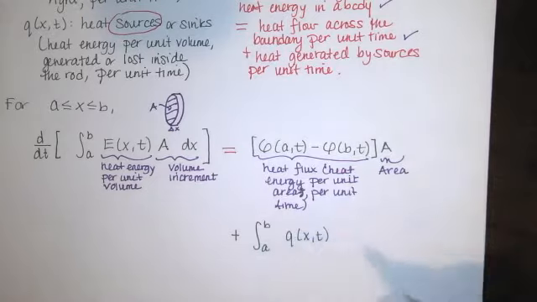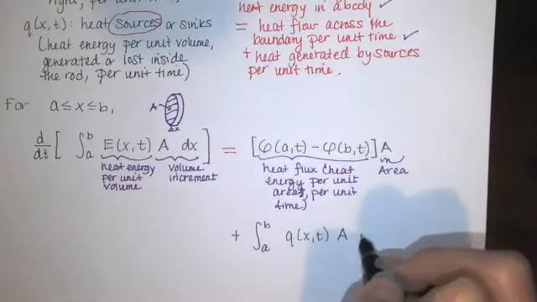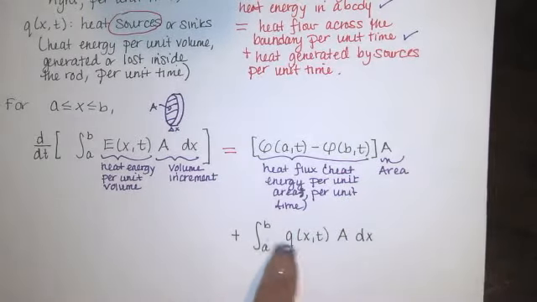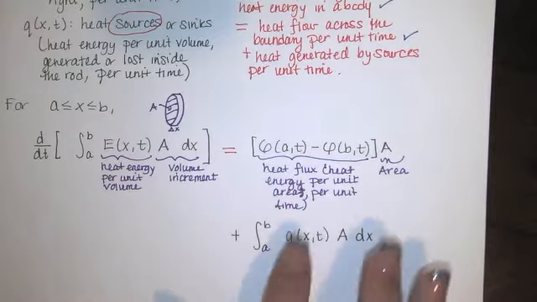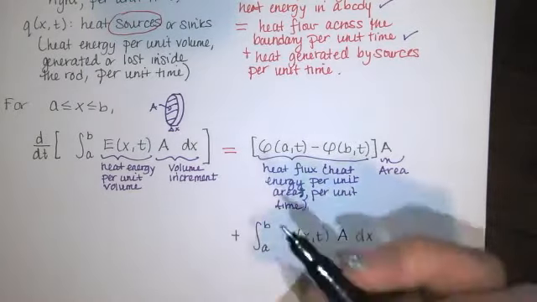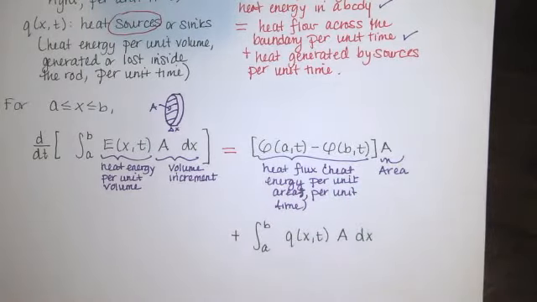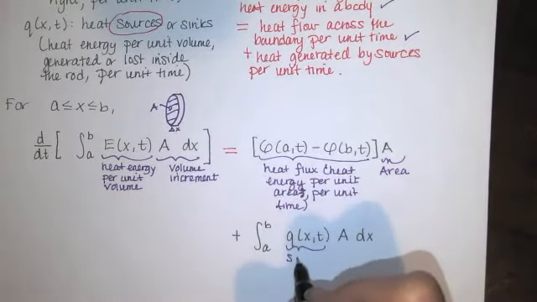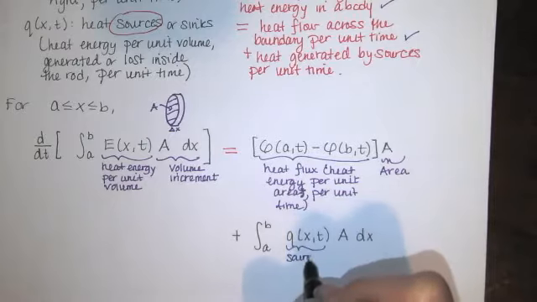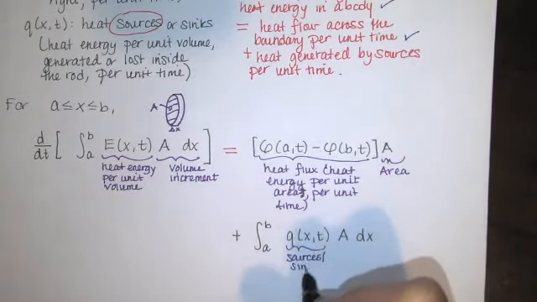And this is heat energy per unit volume, so we want to multiply by a volume increment. Heat energy per unit volume per unit time times volume is going to give us heat energy per unit time. And then we're adding all of those together. So this deals with our sources or sinks.